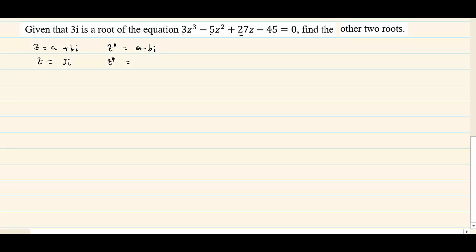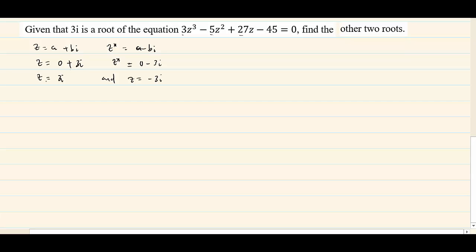If it's not clear, in this question z is equal to 0 plus 3i, so the real part is equal to 0, so z star will be equal to 0 minus 3i. So the first two solutions that we have are z is equal to 3i and z is equal to minus 3i.